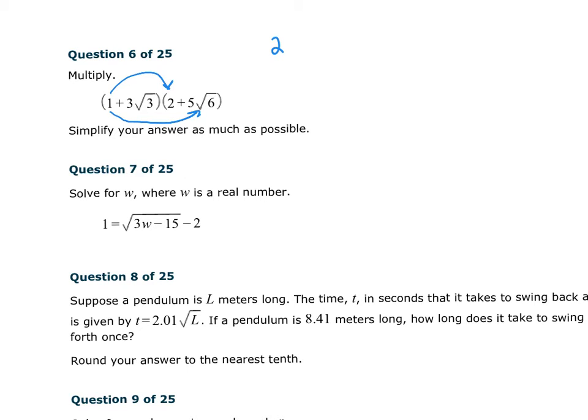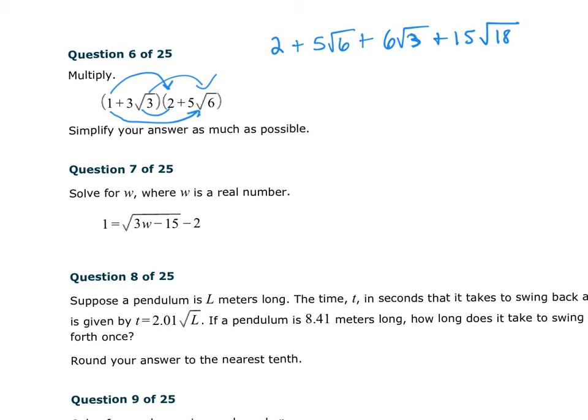Okay, so that's going to be plus 5 root 6 inside plus 6 root 3 and then your last. So that's going to be plus 15 times the square root of 18.